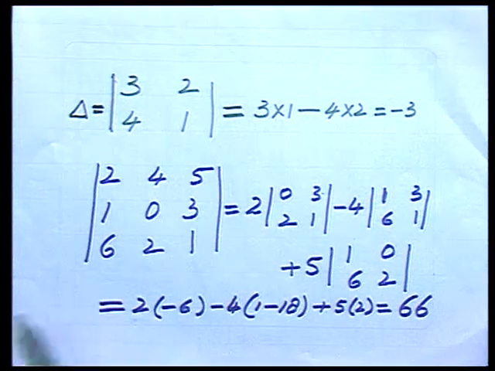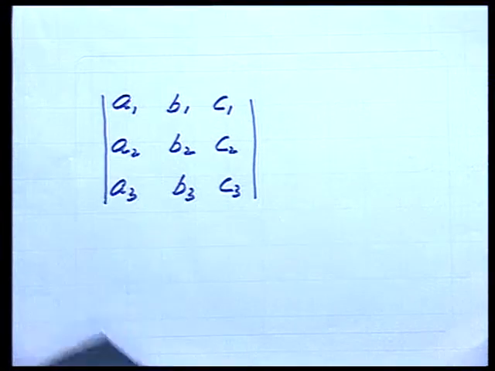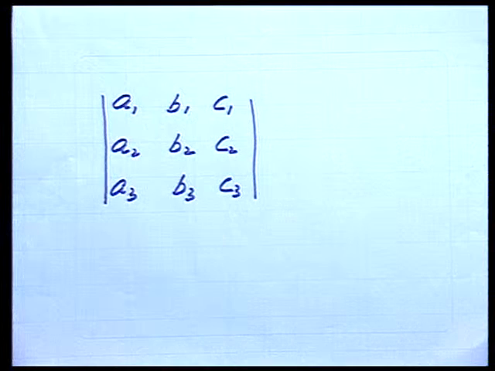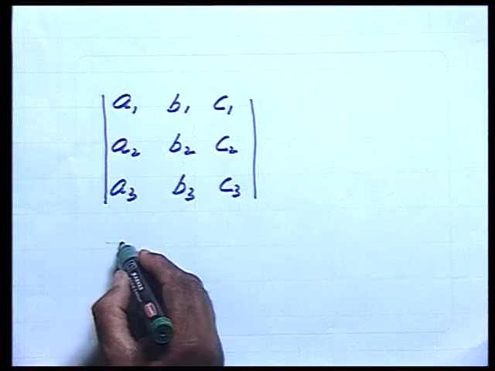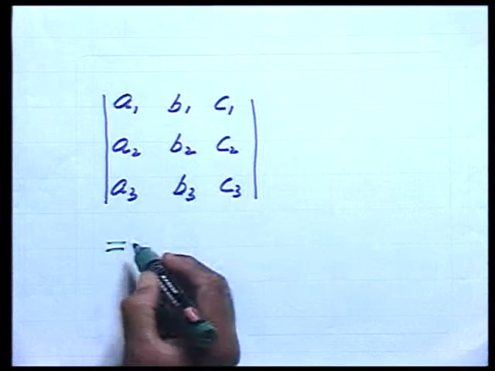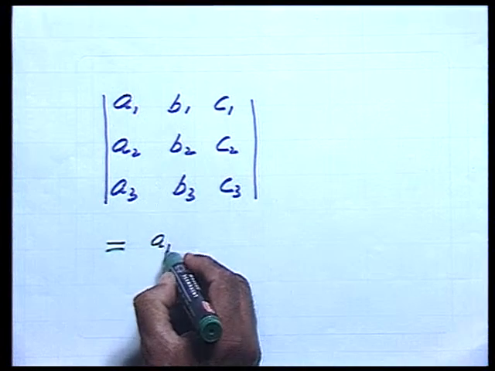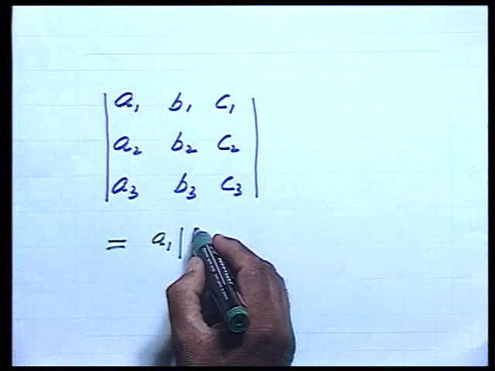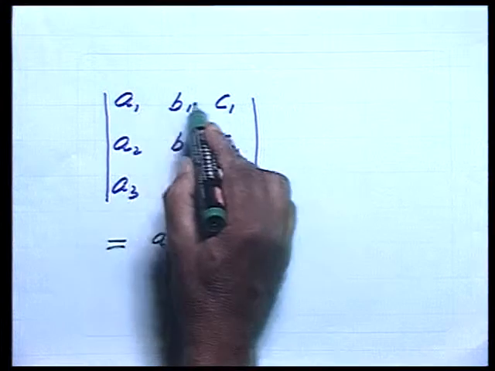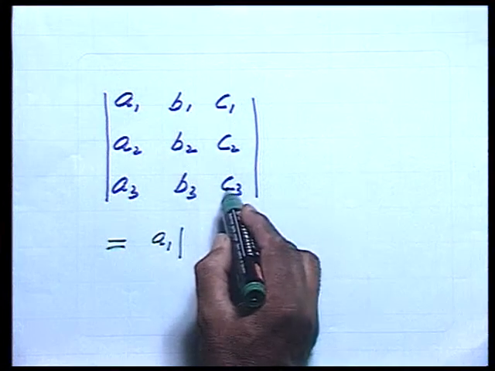Now, talking in general, when we write a determinant of order 3, this is one of such determinants, and if we want to expand this or find the value of this, what we do is we take the element in the first row first column, A 1, and then with this we write down this determinant of order 2.